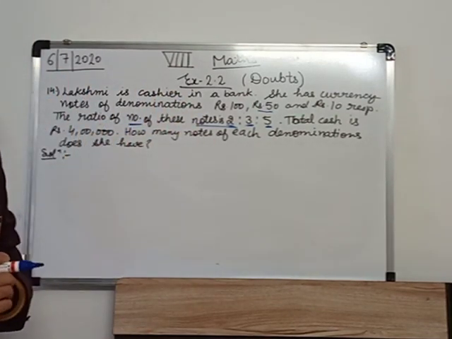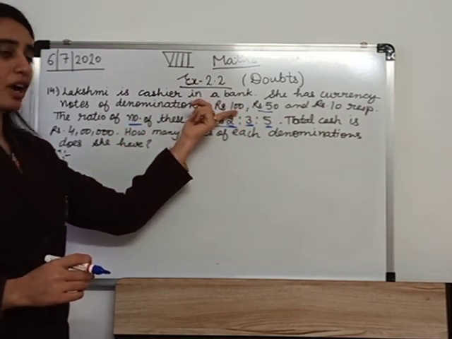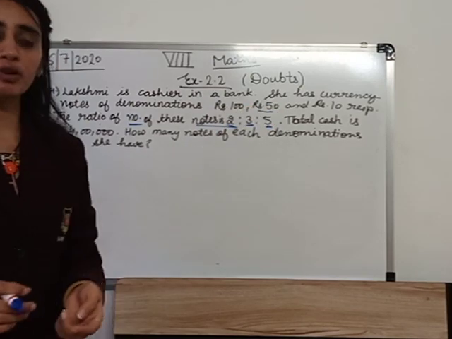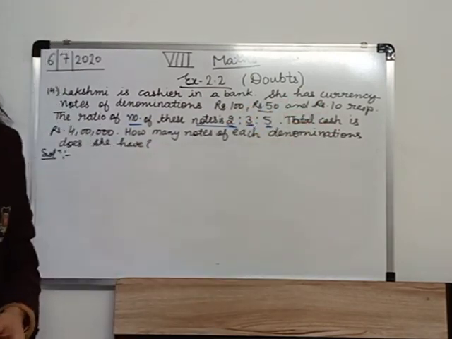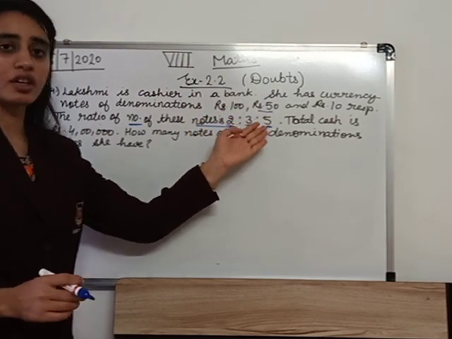Okay, so we have to find the number of notes, means the number of 100 rupee notes, 50 rupee notes and 10 rupee notes, and only the number of 100 rupee notes is given in ratio.